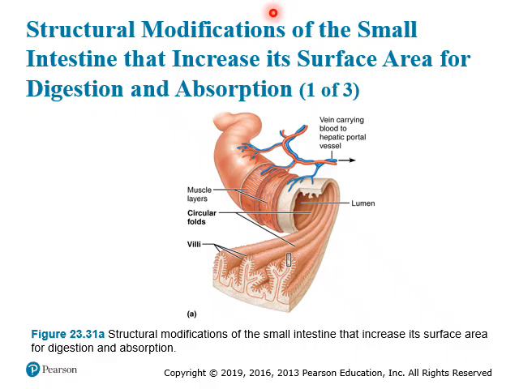These are finger-like projections about 1 millimeter high, with a core that contains a very dense capillary bed and lymphatic capillaries called the lacteal for absorption. And the lacteal, and you have to remember this, is lymphatic in nature.